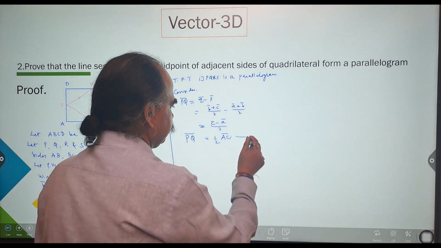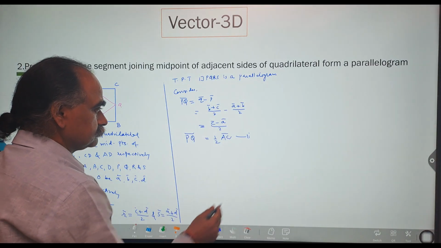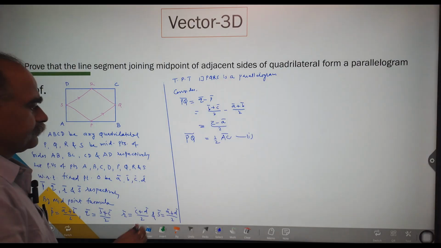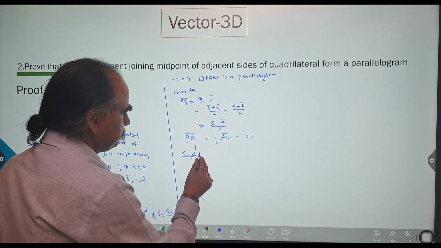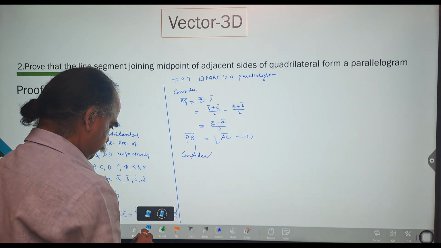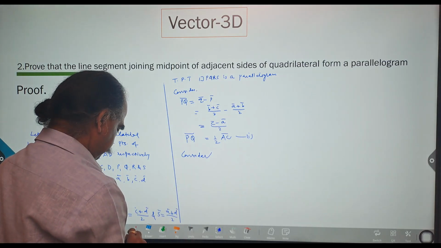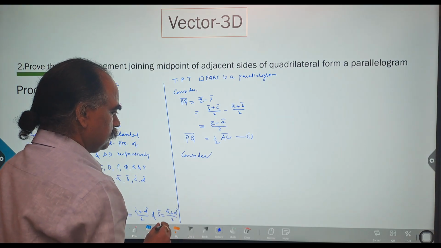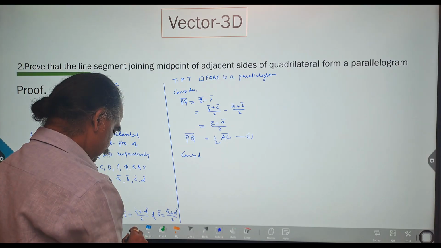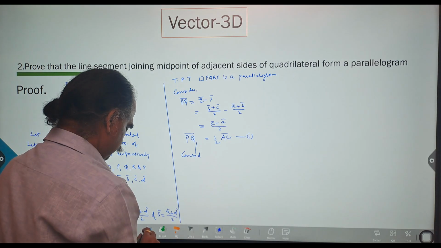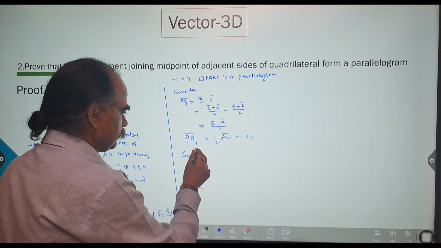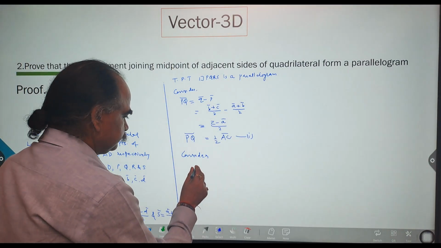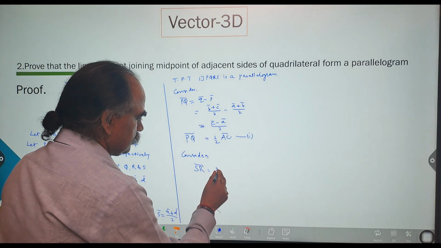Half AC bar, equation number 1. Now we'll find out SR bar. Consider SR bar, R bar minus S bar.